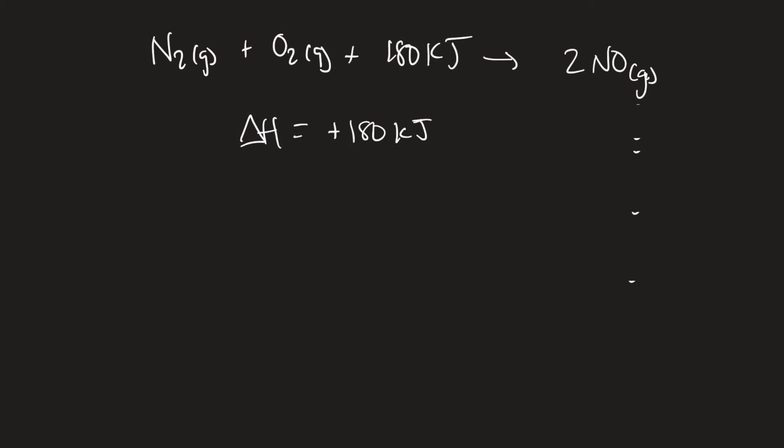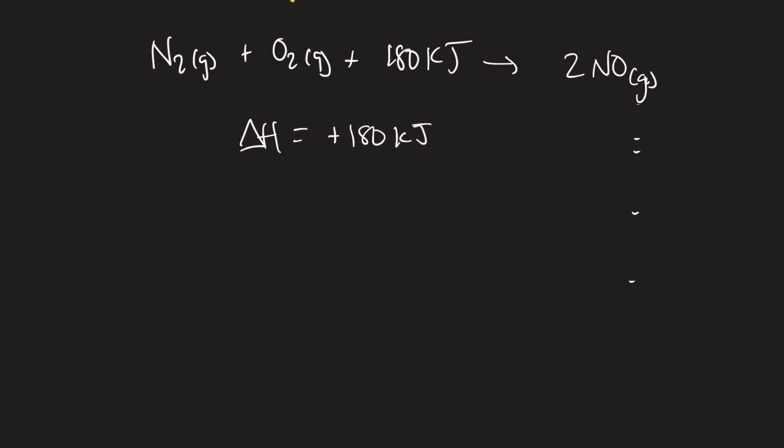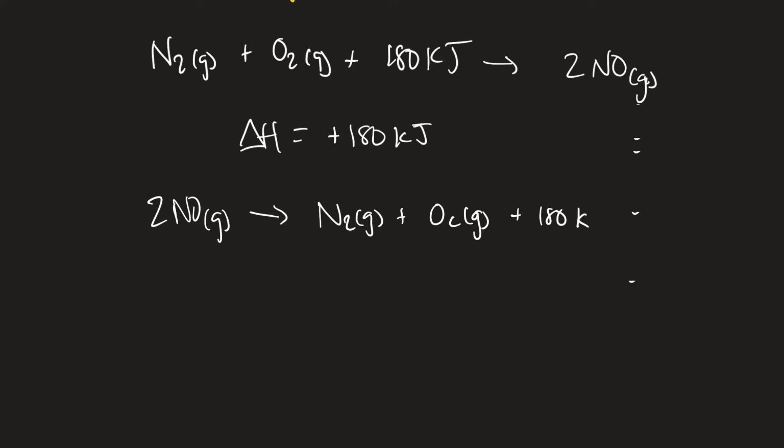If I were to rewrite this reaction in the opposite direction, 2NO gas produces N2 gas plus O2 gas, plus 180 kilojoules of energy, delta H in this case would be a negative 180 kilojoules.